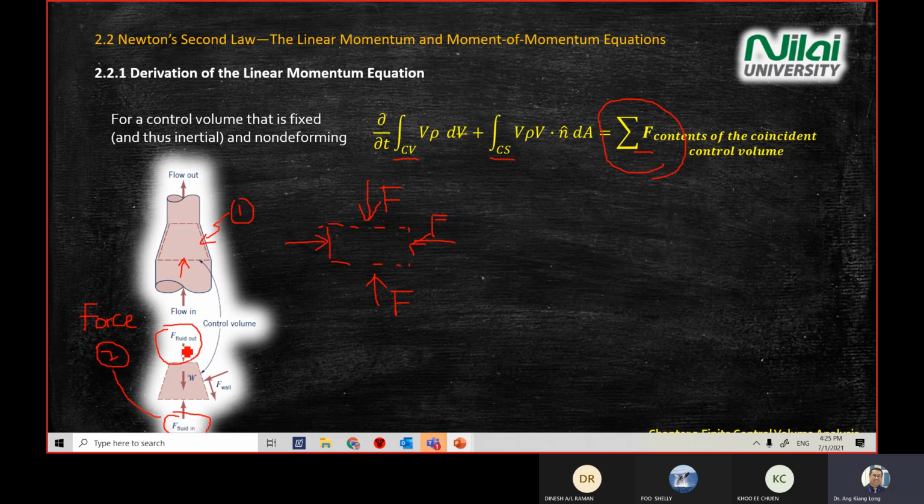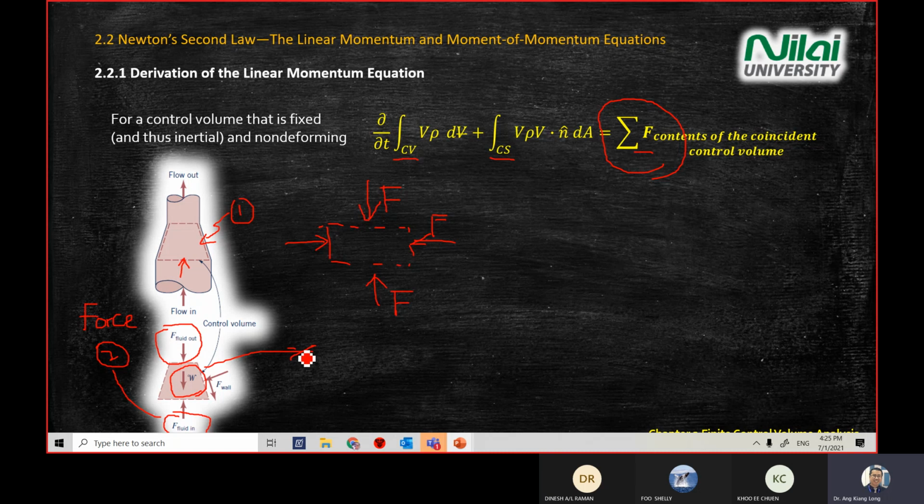So you see the flow in and out, and there is a force at the wall. You will have a force pointing into the wall, and an arrow pointing along the wall. So there are 2 directions of force at the wall. And we also need to consider the fluid weight.